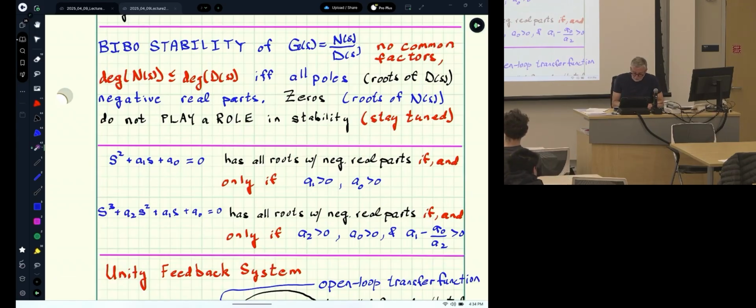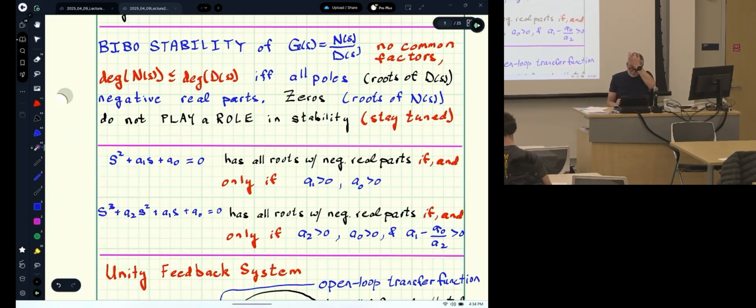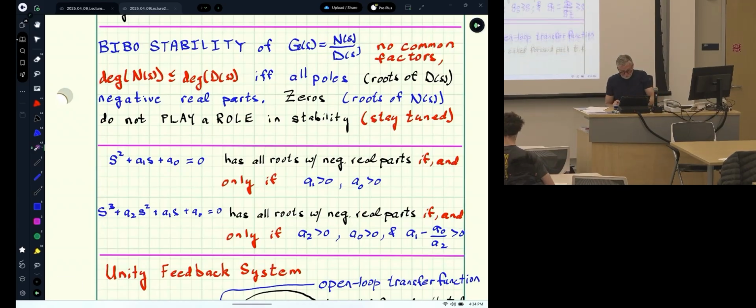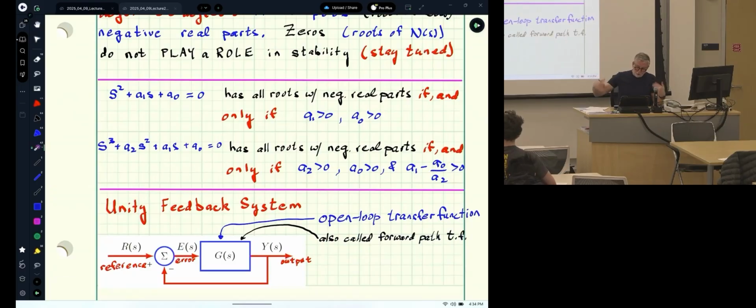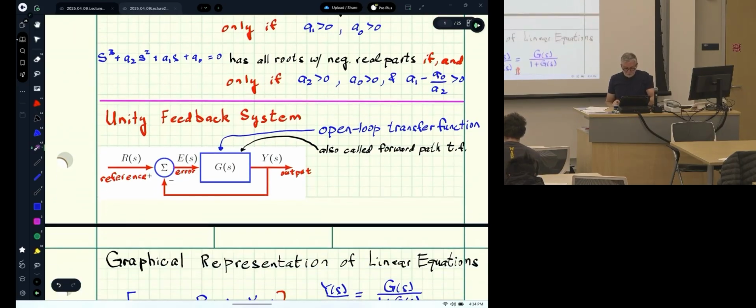For cubic, it's a little bit more complicated, but not much. This one and this one have to be positive. And then A1 has to satisfy a special condition in relationship to A0 and A2. And in fact, similar formulas are known for 4th, 5th, 6th, 7th, 8th, etc. polynomials.